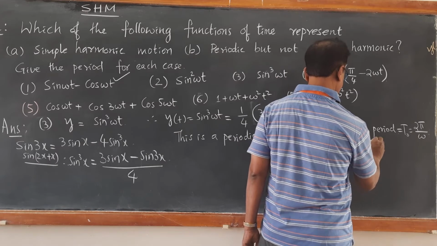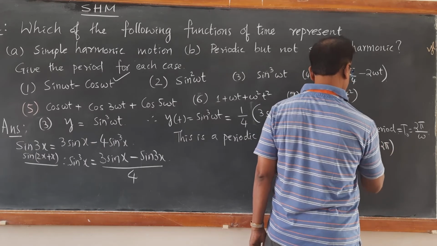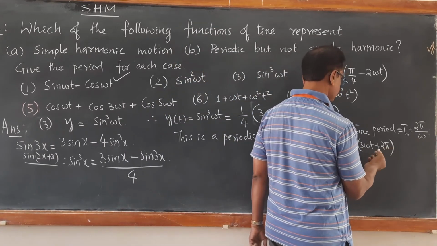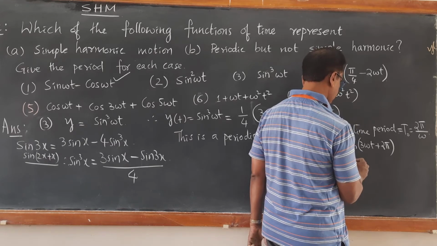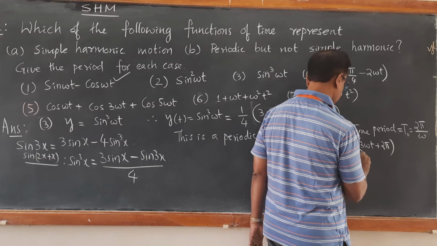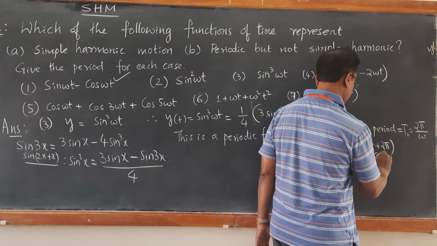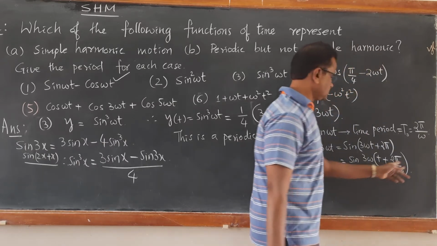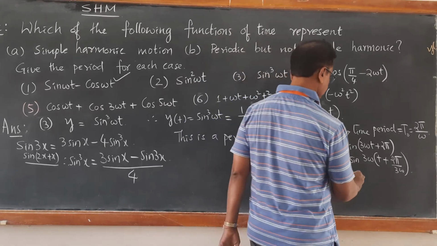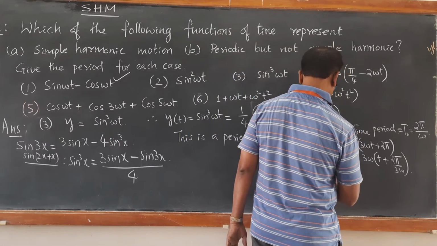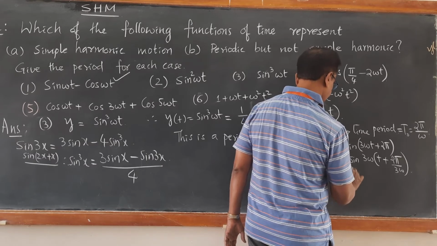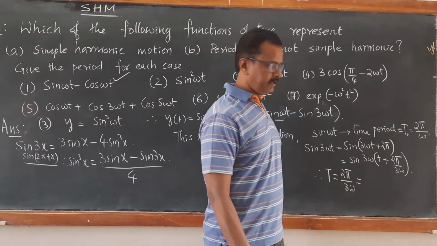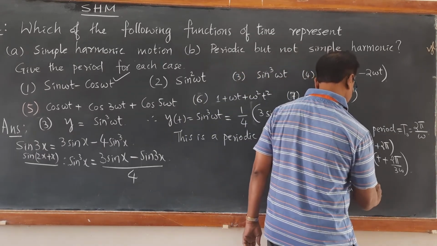Sin 3 omega t plus 2 pi, so that I get the same function. So 2 pi in terms of time period can be given as sin 3 omega into (t plus 2 pi by 3 omega). Therefore, the time period of this one, T, is equal to 2 pi by 3 omega. So, in comparison with the above one, it becomes T naught by 3.